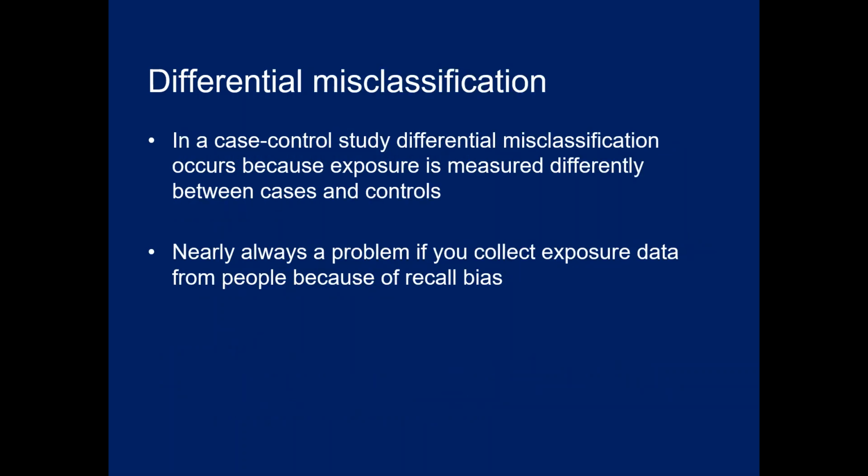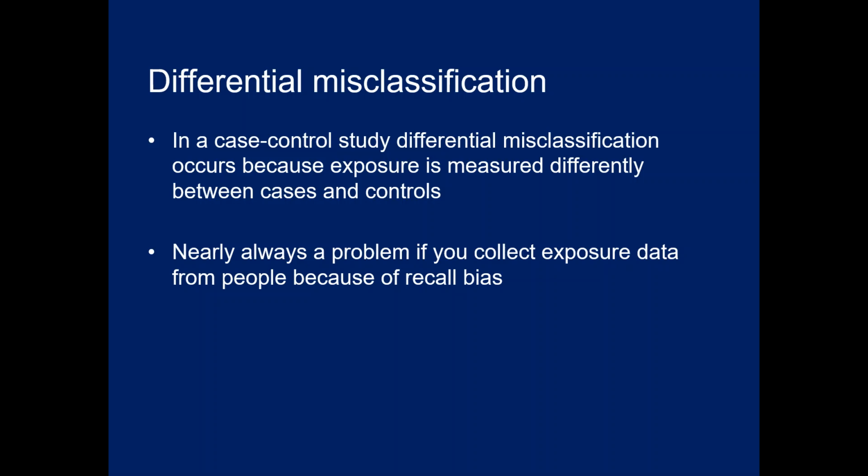Okay. Now, in a case control study, differential misclassification occurs because exposure is measured differently between cases and controls. Now, this doesn't mean that as a researcher we go in and we ask different questions of cases and controls. It occurs because by the very fact that you are a case, you have probably got a different recall in that you've maybe spent more time thinking about your exposures, or you may be less likely to want to tell the truth.